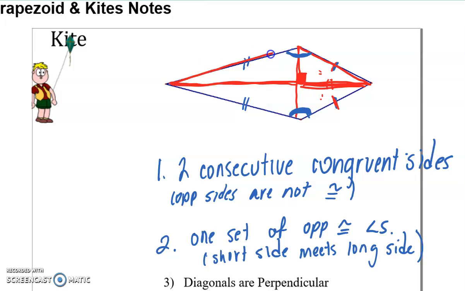These two triangles down here will also be congruent because of the hypotenuse and the leg. So you have two congruent right triangles here, you have two congruent right triangles here, but please remember these triangles are not the same as those triangles.